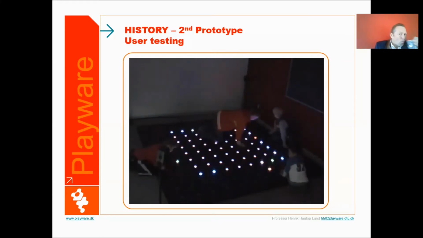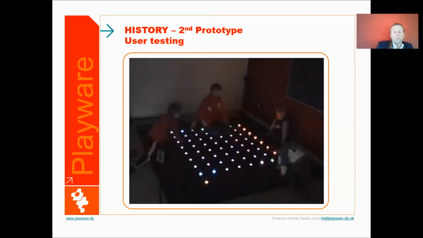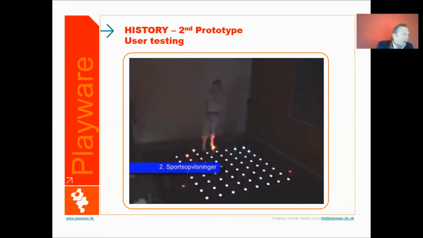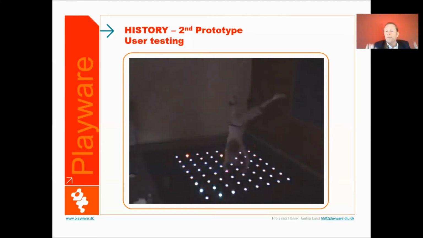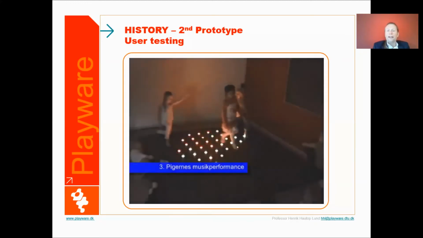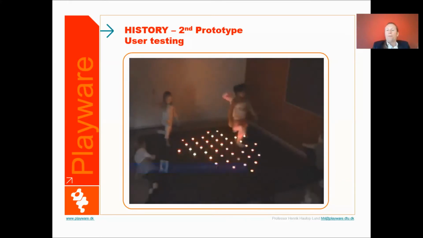So this is typical of the way that they explore, and then little by little they start doing other things like sports performances like this. They would start using this as a kind of performance floor to show different kinds of physical movements to each other, using the soundscape and the interactive floor, and then make this into real performances using this as a stage.